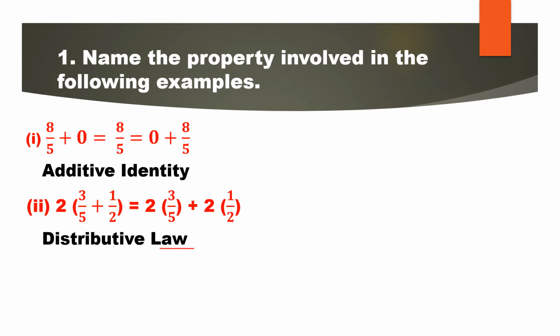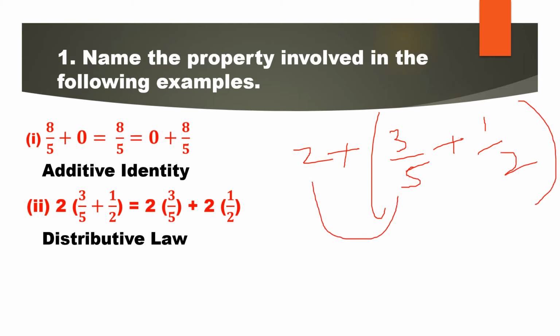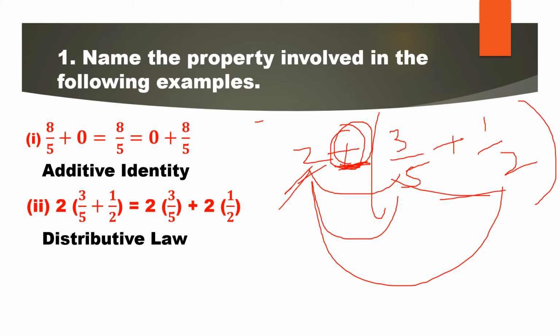Children, you may sometimes be confused. Listen carefully. 2 plus (3 by 5 plus 1 by 2). If the question is given like this, then you are not supposed to distribute the 2 to both of them, because here the symbol outside the bracket is plus. When it is plus, you cannot distribute, because plus or minus separates the term. This 2 is separate and this part is separate, so we cannot distribute.